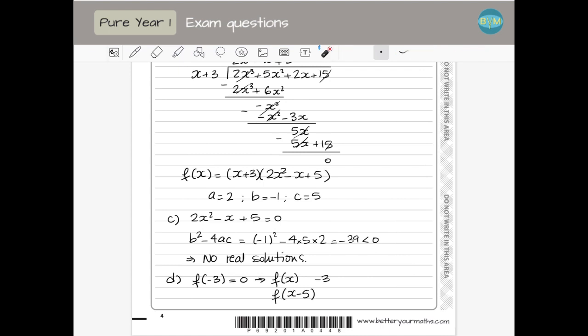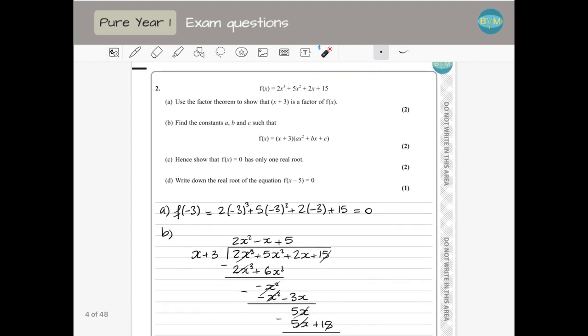You know f(x minus 5) is a horizontal translation to the right. So my whole cubic is going to move 5 to the right. So if my root is at minus 3, now it's going to be 5 to the right, which is 2. So that means that f(x minus 5) has a root at x equals 2.